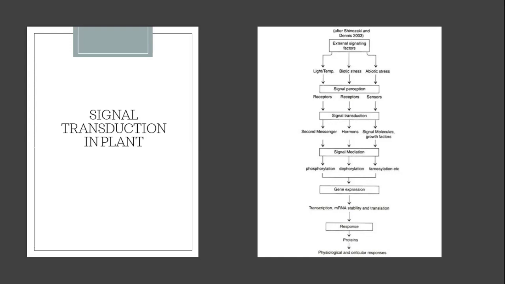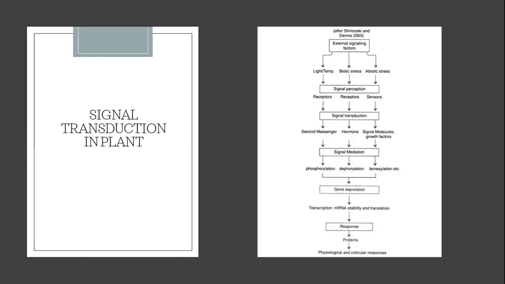Gene expression will either be positive or negative, meaning some genes will be upregulated or downregulated, or some will be completely stopped from expression. Now, what is upregulation and downregulation of a gene, or certain genes being stopped from expression? The term itself indicates a lot.